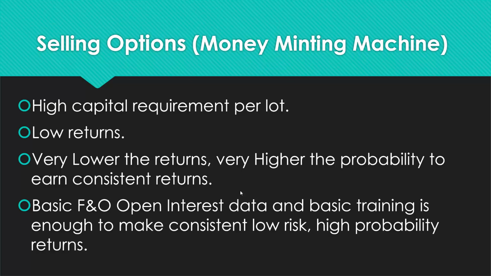So here, this is minting. I call it a money minting machine because you can see most of the options expire to zero. If you have some basic F&O open interest data, if you're able to read it, and basic training just to understand the FII buying and selling on a day-to-day basis, you can fix a range between which the stock market can move.